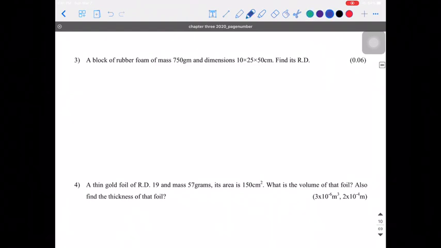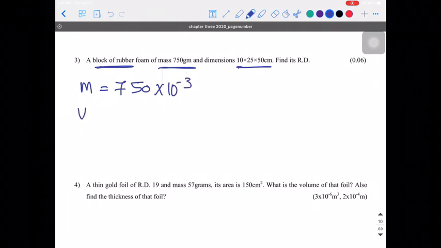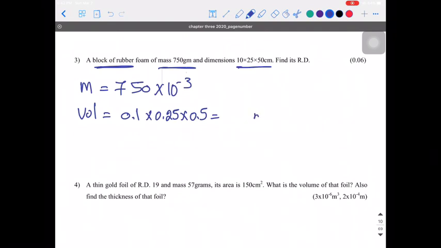Okay, another one. A block of rubber foam of this mass and these dimensions. Simply we can get the mass as 750 times 10 to the power negative 3 and the volume as 0.1 times 0.25 times 0.5, which equals some value in cubic meters.